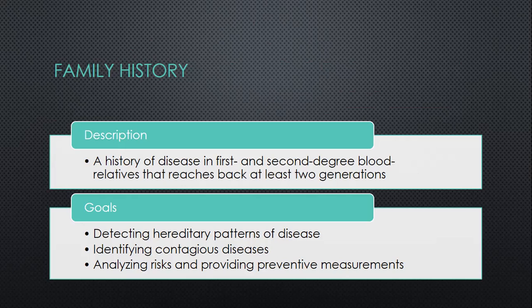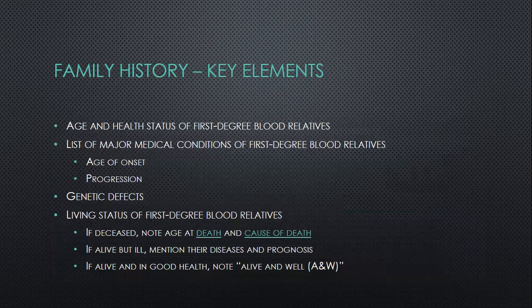So as we were doing right before, we're going to talk about some key elements. For example, the age and health status of first degree blood relatives. We have to make a list of major medical conditions of first degree blood relatives. We have to focus on the age of onset and progression.